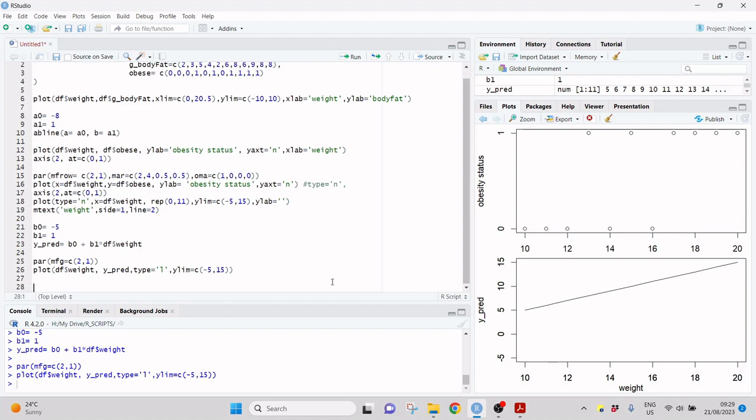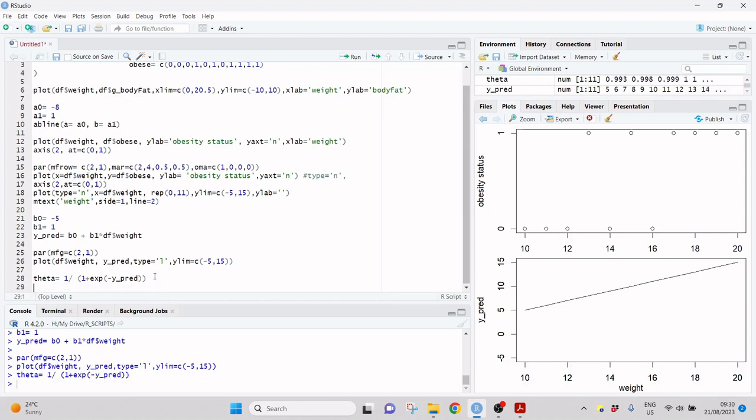I'm going to type out the function, and I'm going to call what comes out of it theta, and it is 1 divided by 1 plus e to the negative of our y value, which I called y pred. So again, going from this scale here now into this plot up here, I'm calling that theta, and now we'll just plot that as a line in the upper plot.